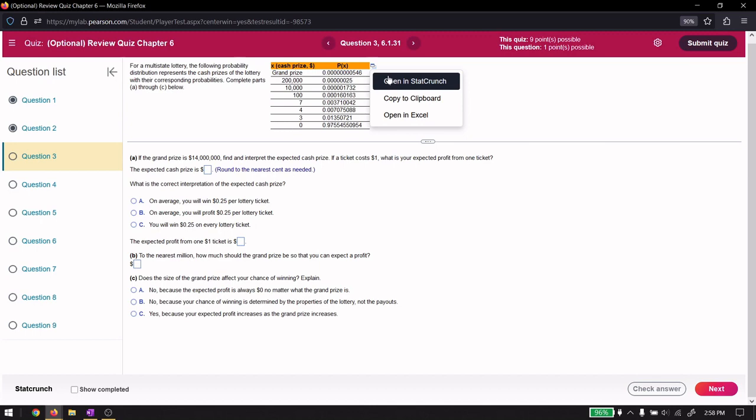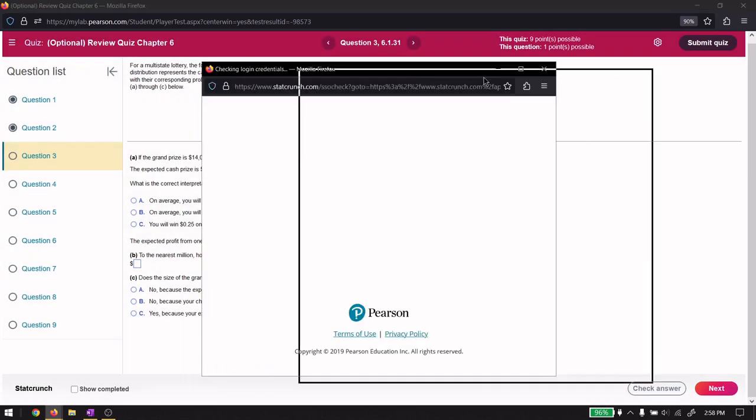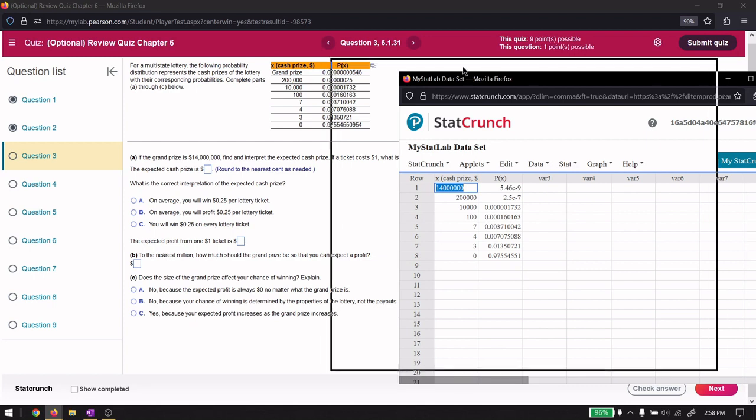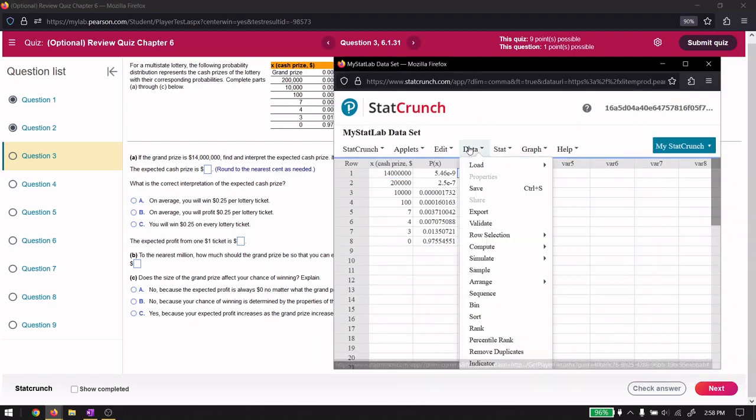And really what we're doing here is taking the weighted average. In other words, we're going to multiply the probability by the prize and then add that all up, and that will give us the expected prize. So I'm going to do that by doing the computation here.